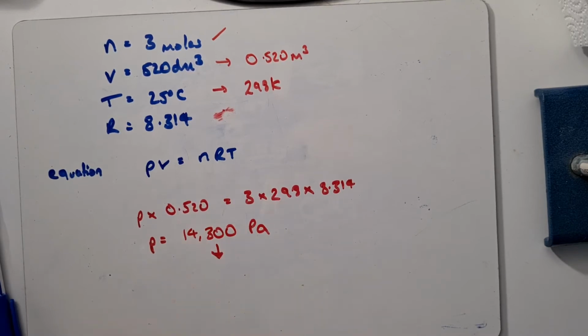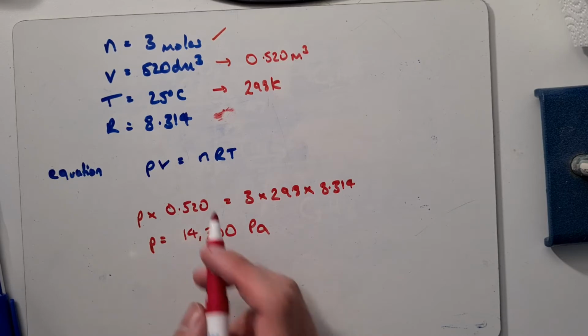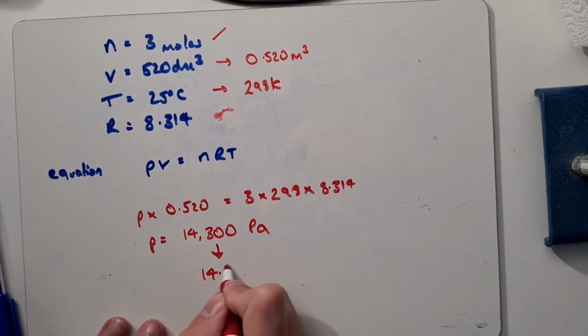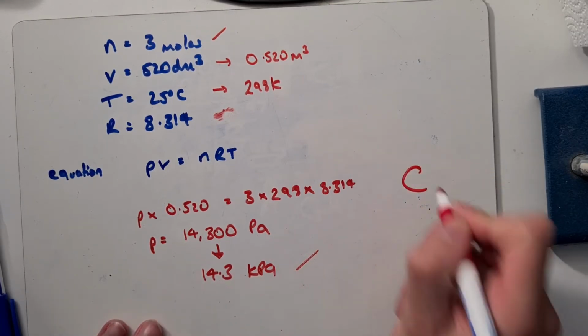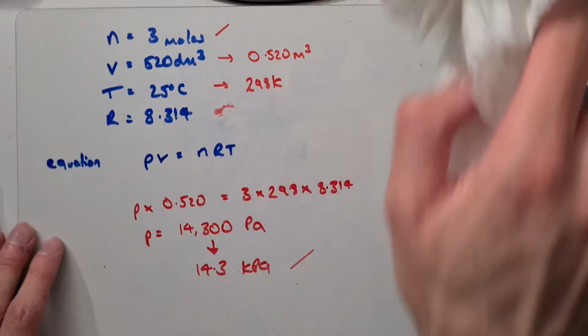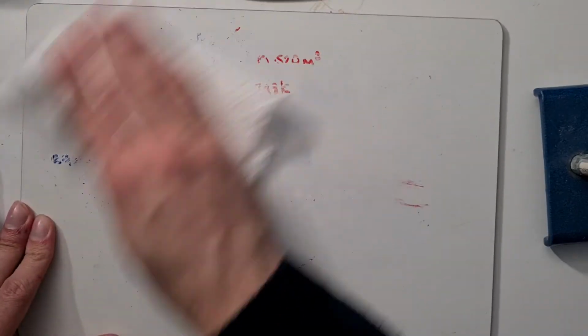So A has 14.3 pascals, that's wrong. B, 1,199 pascals, which doesn't fit. C, 14.3 kilopascals, is this divided by 1,000, so that fits. And then D, 14,300 kilopascals is wrong, so the answer there will be C, for 8.